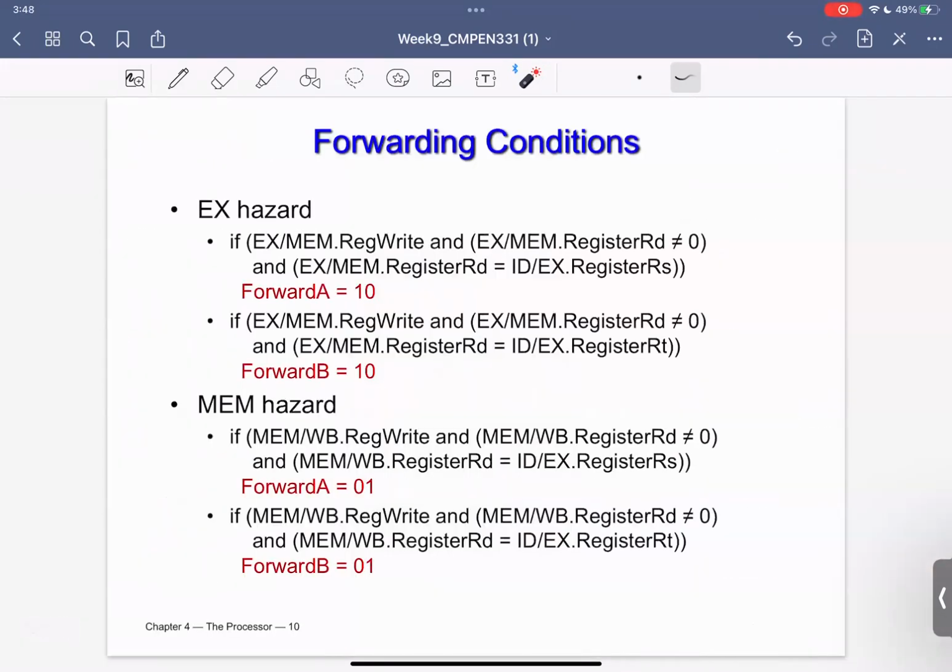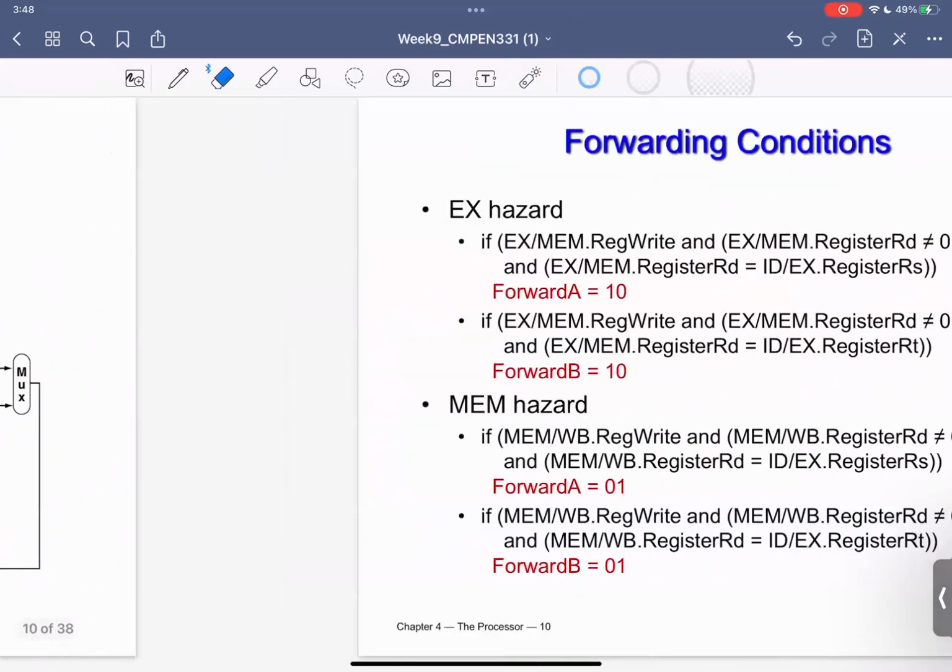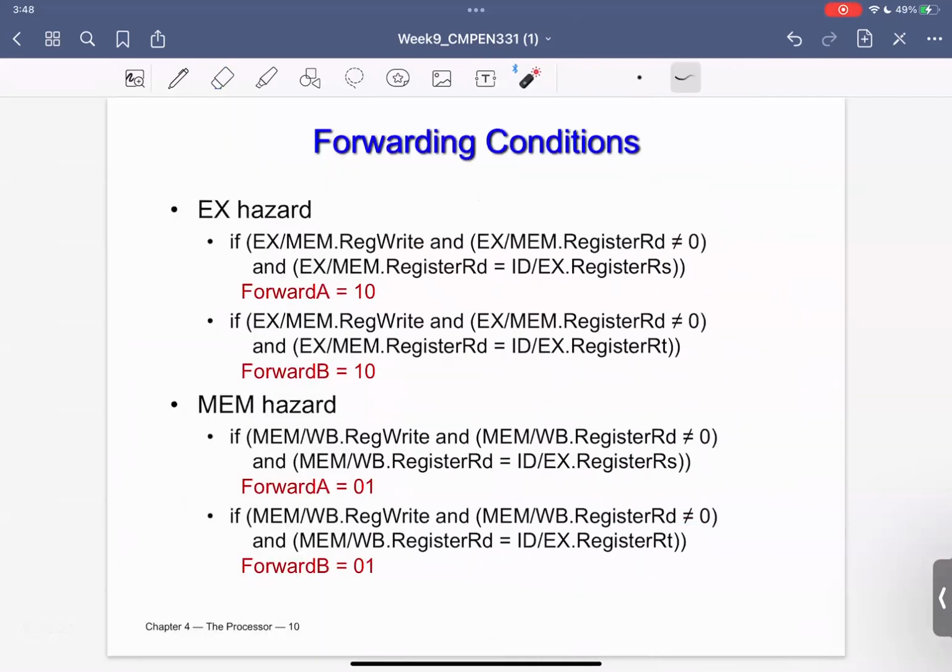So again, according to whatever I have explained here, if this register RD is not equal to 0 and I have a register write, and this RS, which is of course always in the ID/EX stage, is equal to the RD in the EX/memory, please choose the selector as 1,0, as we have explained in the previous slide.